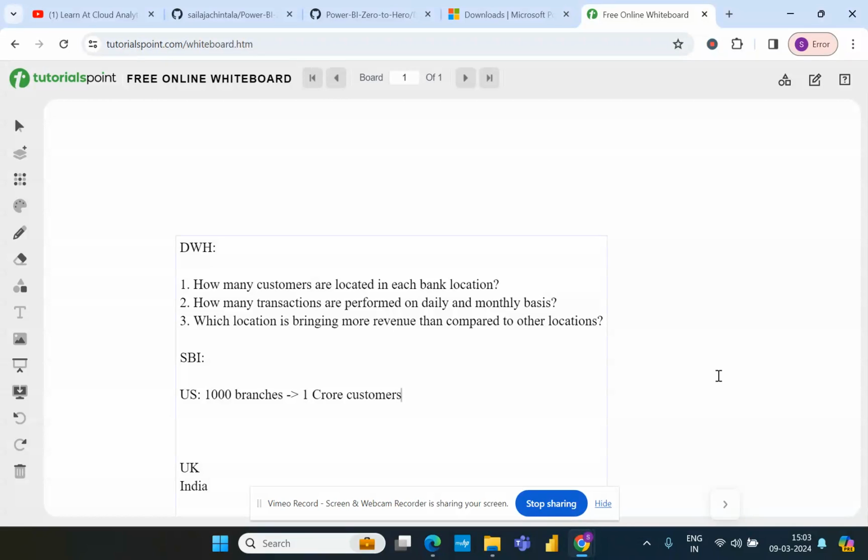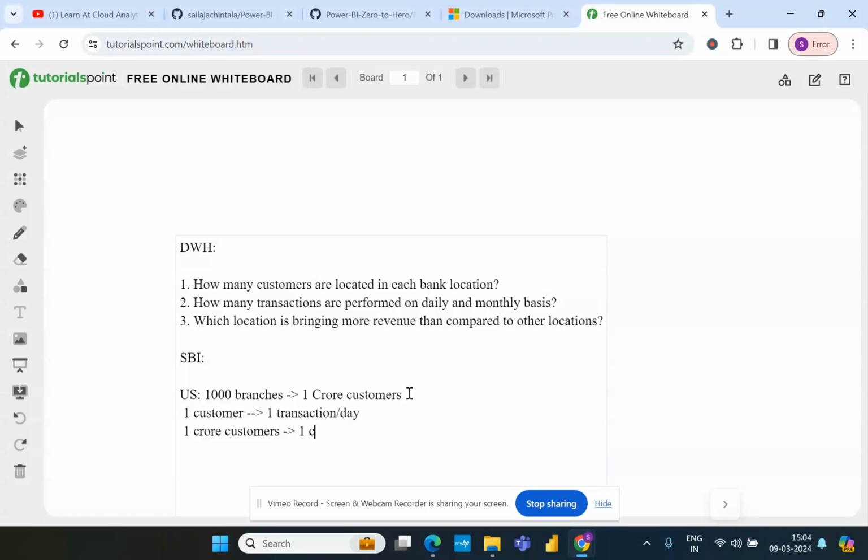Now, to understand how many transactions are being performed on a daily and monthly basis, let's calculate that particular scenario as well. Assume that if one customer is performing at least one transaction per day, now for 1 crore customers, how many transactions could happen?